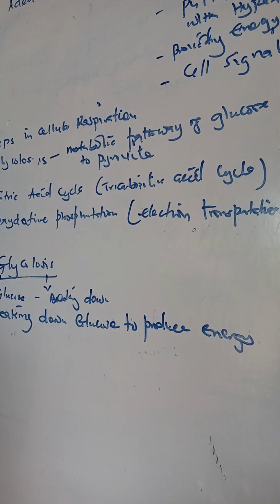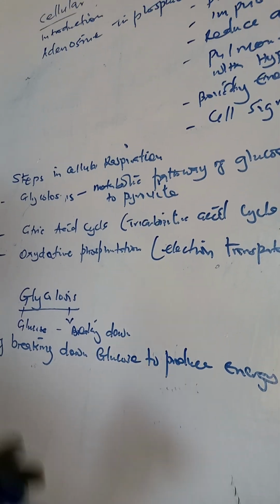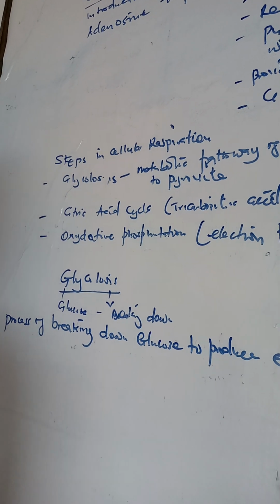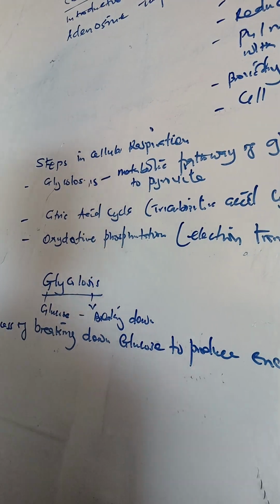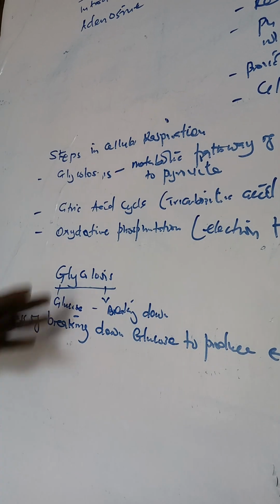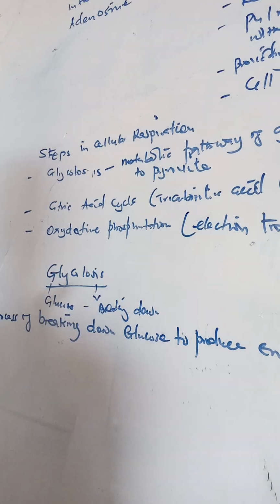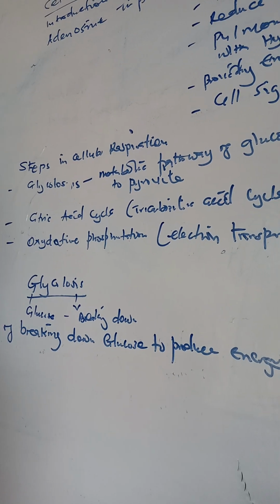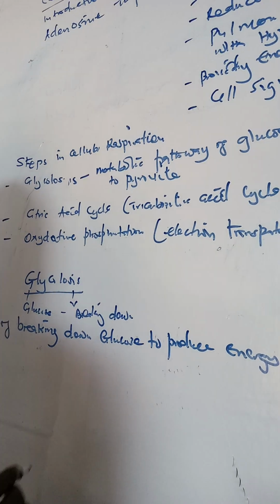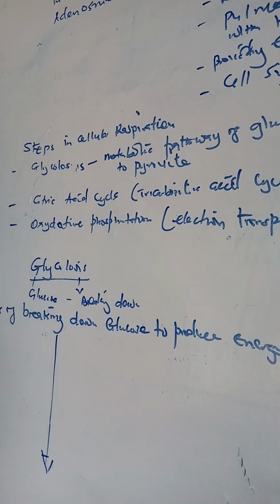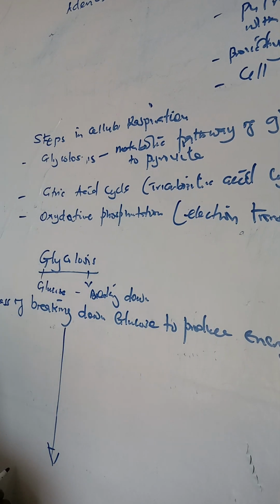This energy may be used to power many body functions, which we have mentioned here, and much more. Now, glycolysis goes up to 10 steps to form what we call pyruvate.